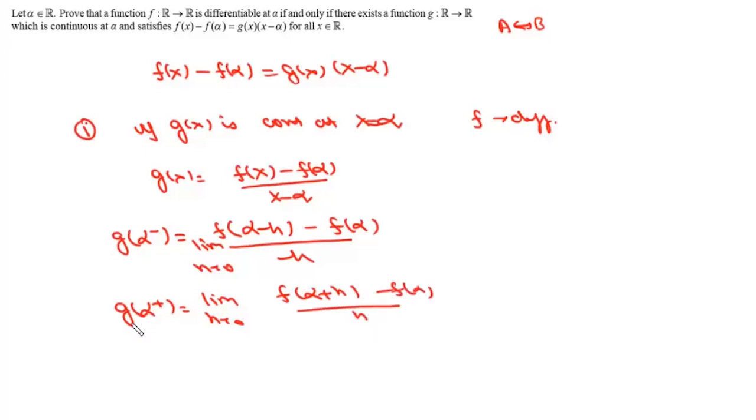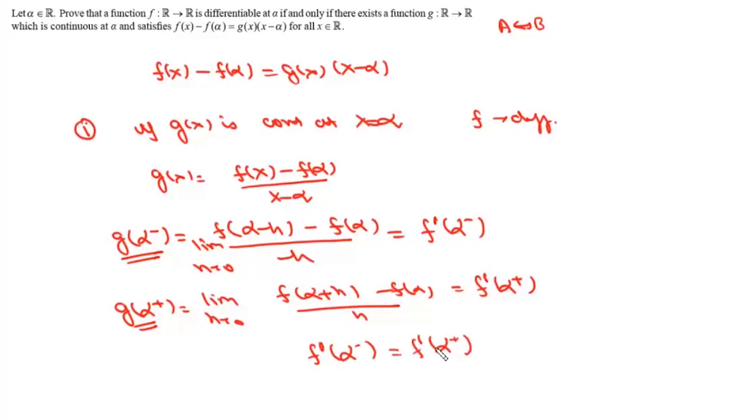Now since it is continuous, both of them must be the same. Now this is nothing but f'(alpha) negative and this is f'(alpha) positive. So if g(alpha) negative is equal to g(alpha) positive, we can write f'(alpha) negative is equal to f'(alpha) positive. That means this function f is differentiable at alpha.